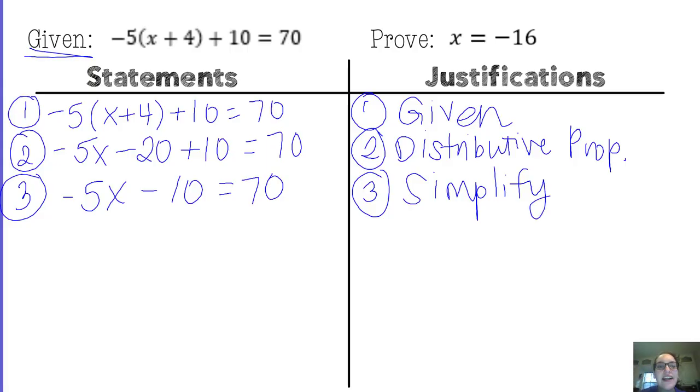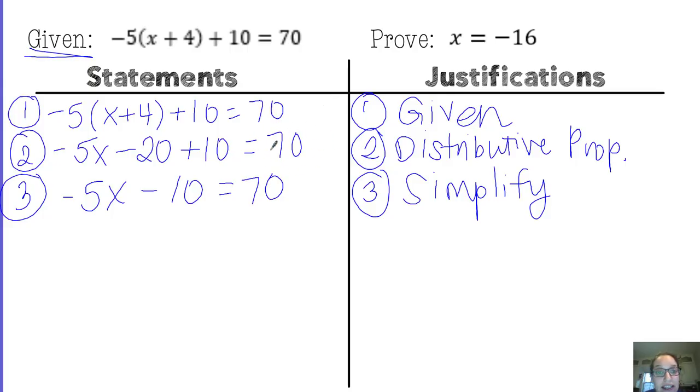I'm just simplifying everything. So a common question people ask is, Miss Briscoe, you just added the -20 and the +10. Why is that not the addition property? Well, the addition property is when you add a number to both sides of your equation.